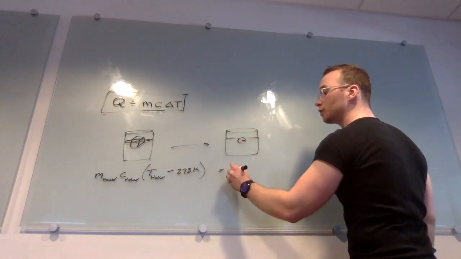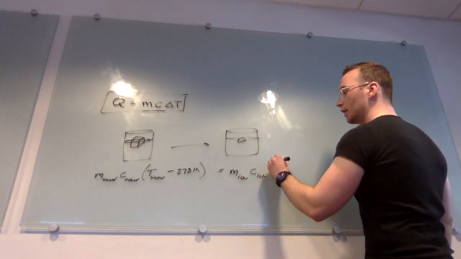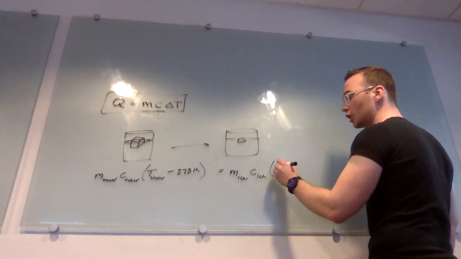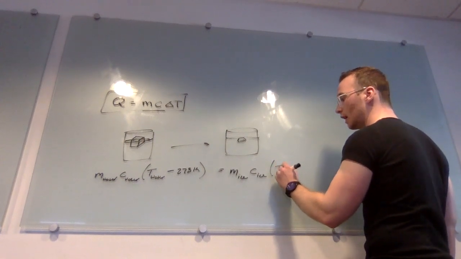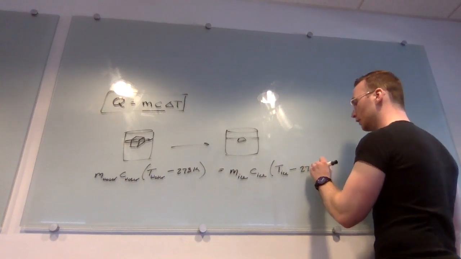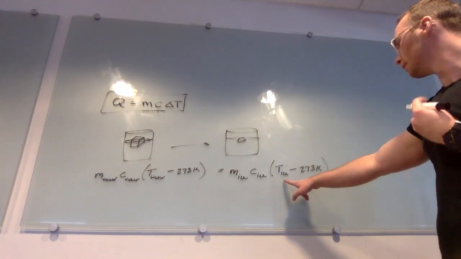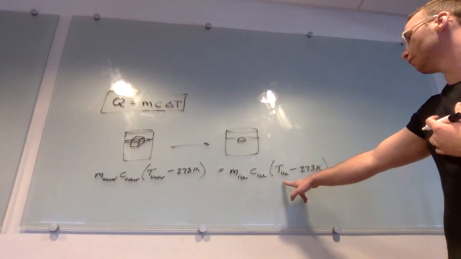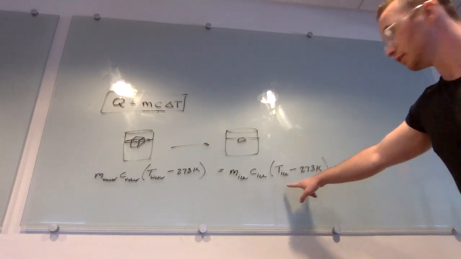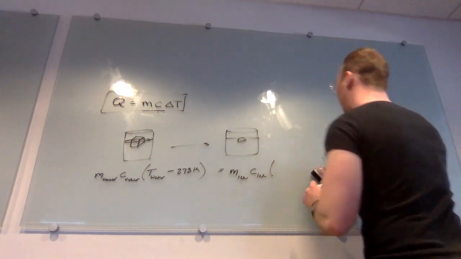So if the net change in energy is 0, that must be how much heat the ice gains. So this must be equal to the mass of the ice times C of ice times delta T, the change in temperature of the ice, so T ice minus 273 Kelvin. Now this is actually going to be a negative number. Sorry, you're right, I should put this backwards because it's really T final minus initial.